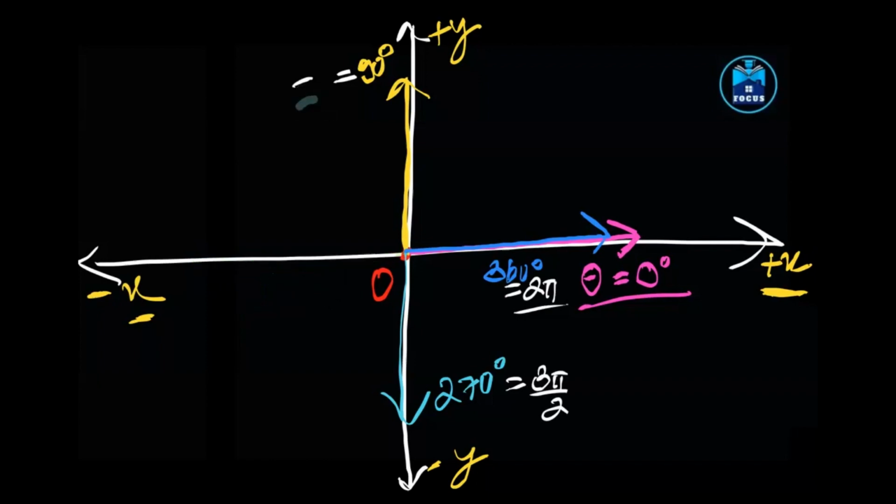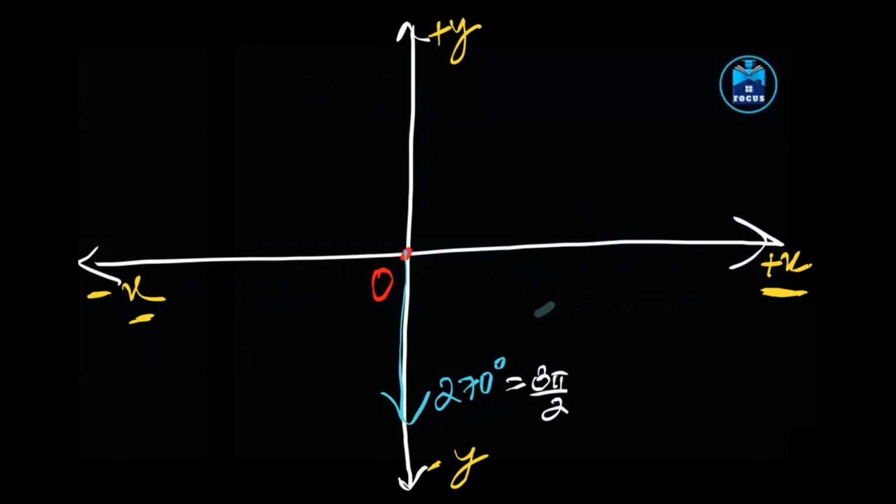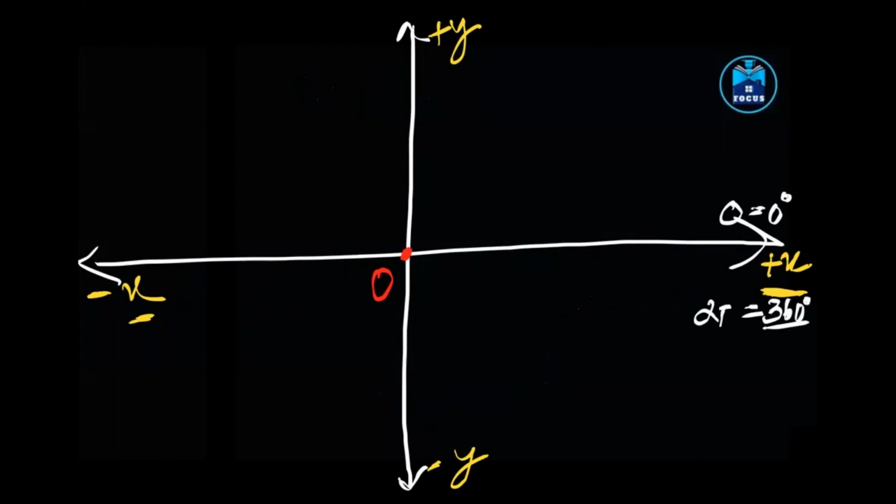Next, let's just mark the values of these angles. For this I'm going to write 0 degree, and here I'm going to write 360. 0 is obviously 0 only, but 360 can be written as 2 pi.